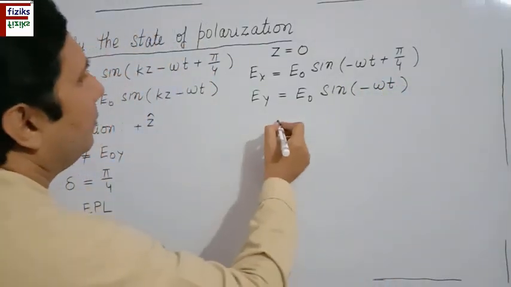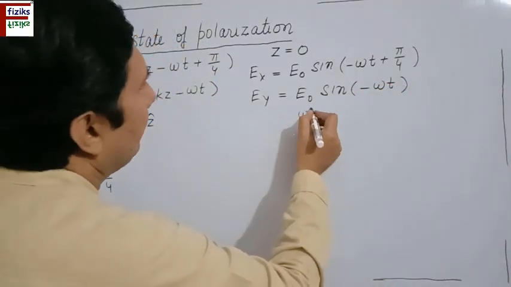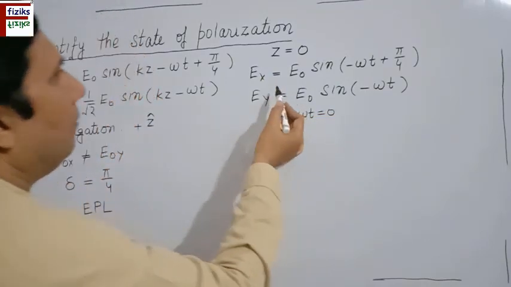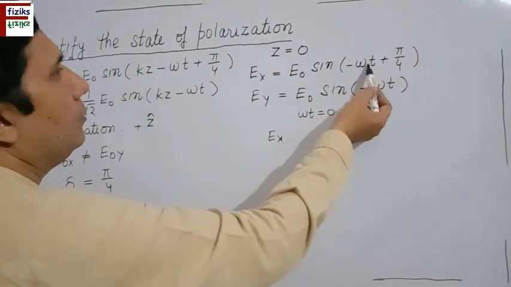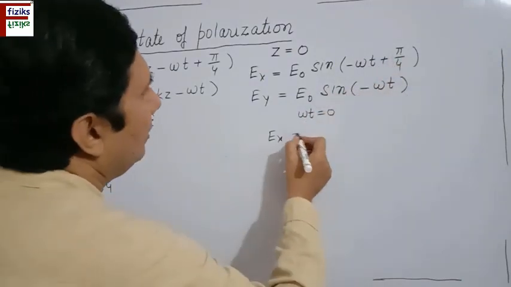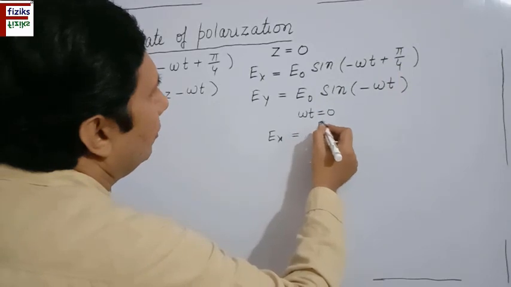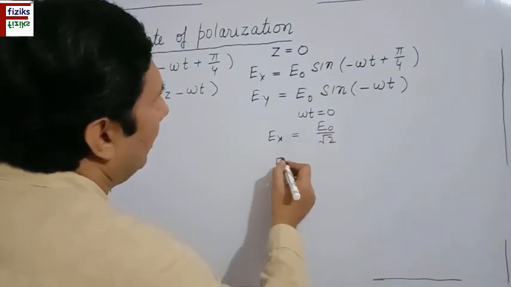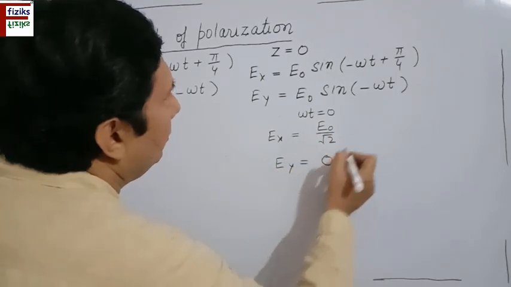First I am substituting omega t equal to 0. So what will be the value of Ex? Here we substitute 0, and this will be sine pi by 4, sine 45. So Ex will be E naught upon root 2, and Ey will be 0.